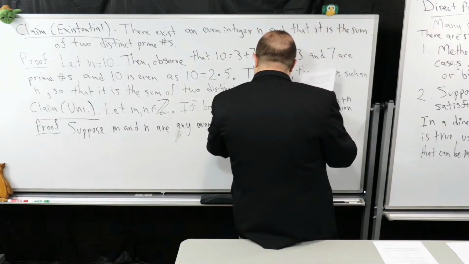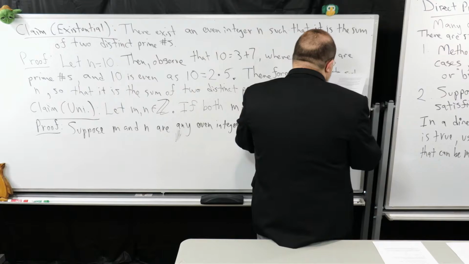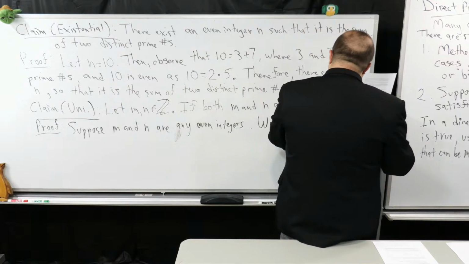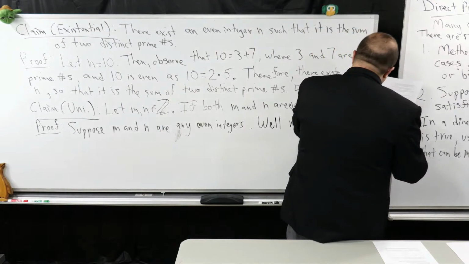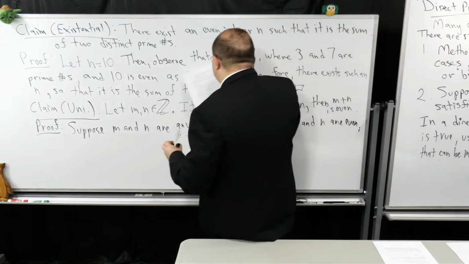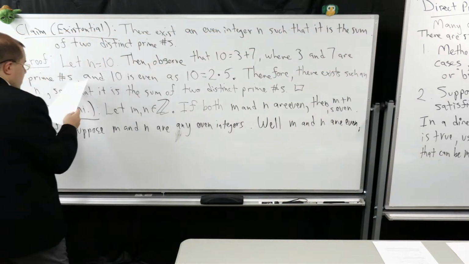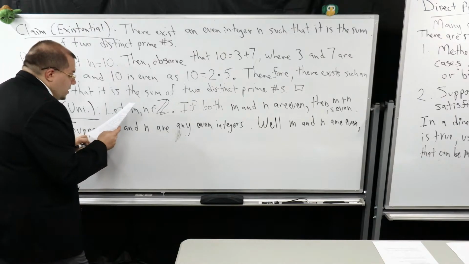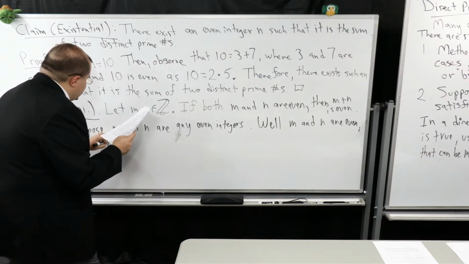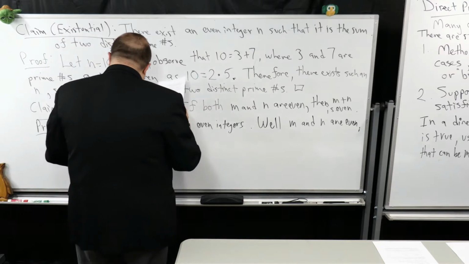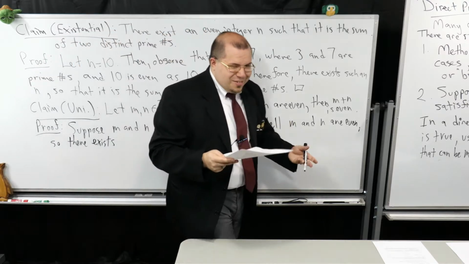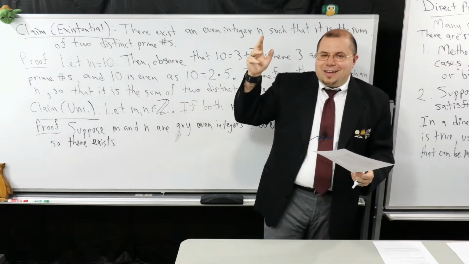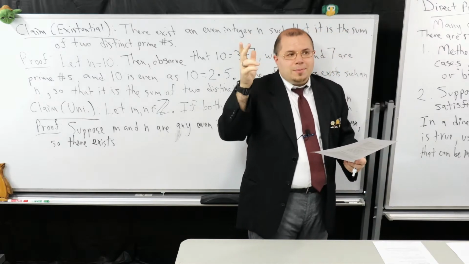So, well, m and n are even. So there exists, so I'm going to give them names because they exist, right? I told you, remember, even numbers, what are they? They are integers of the form 2 times another integer.